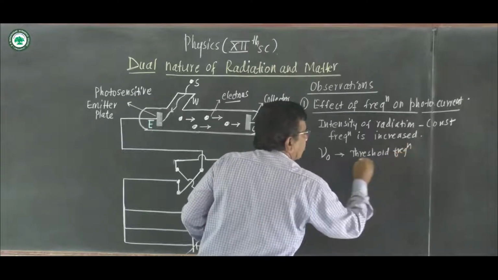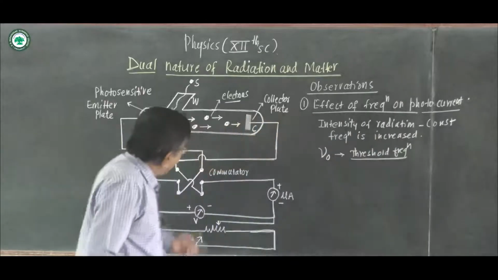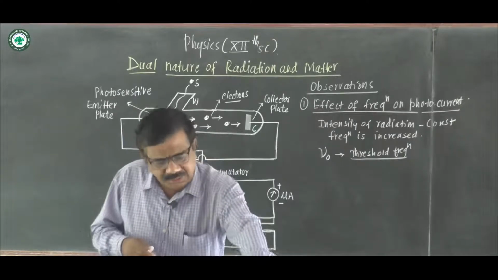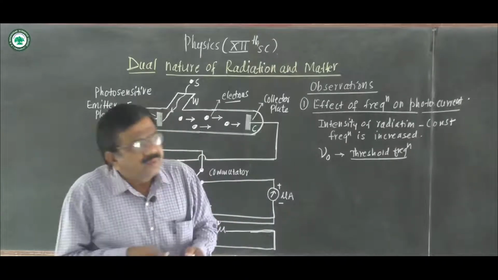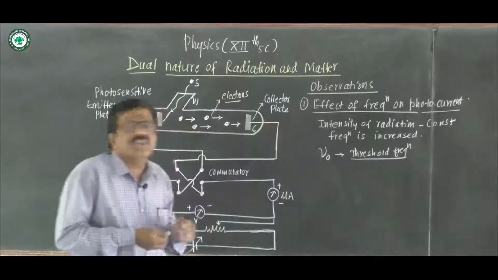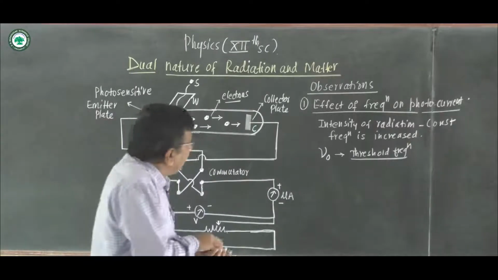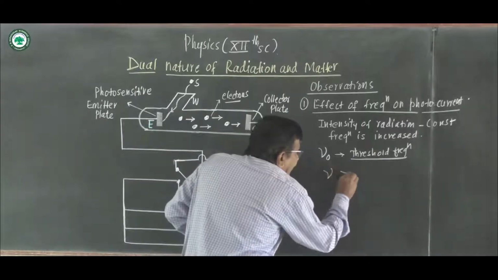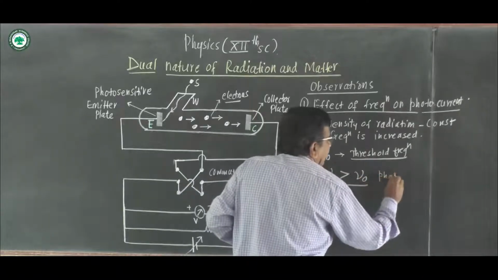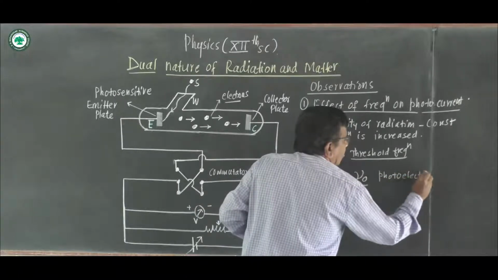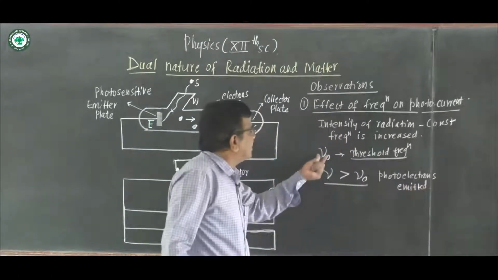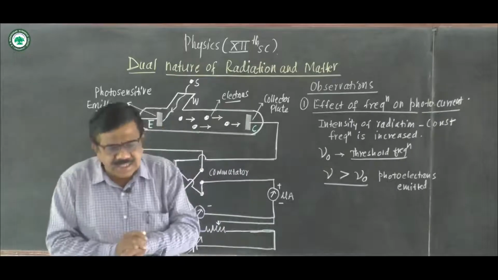So if the frequency of incident radiation is greater than the threshold frequency, photoelectrons are emitted. Below this threshold frequency, there is no photoelectric emission.